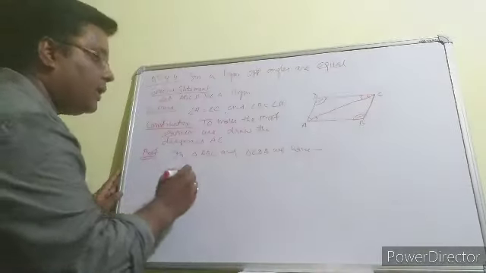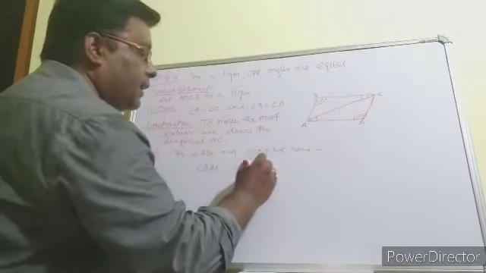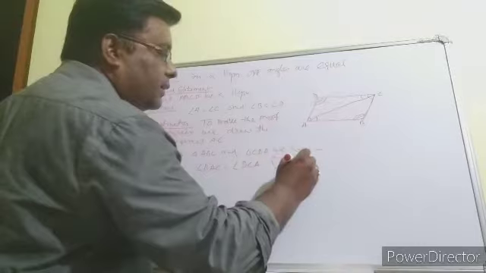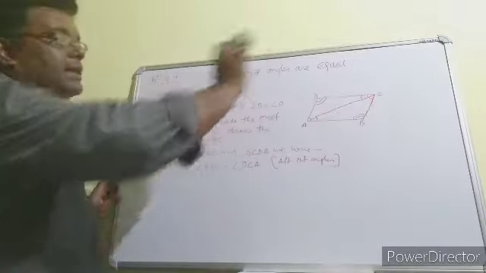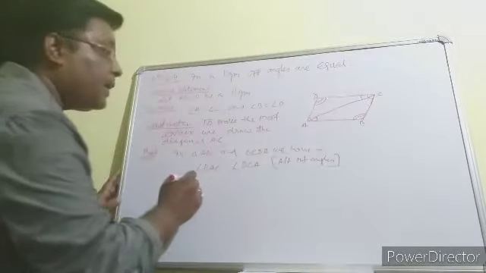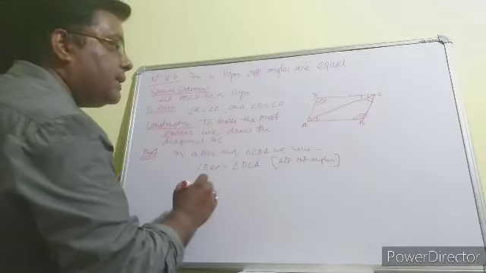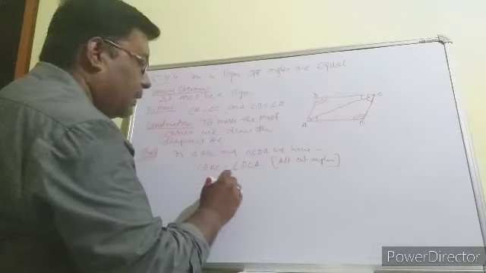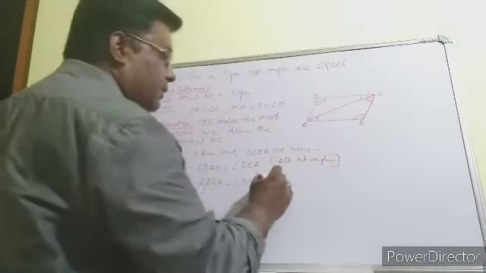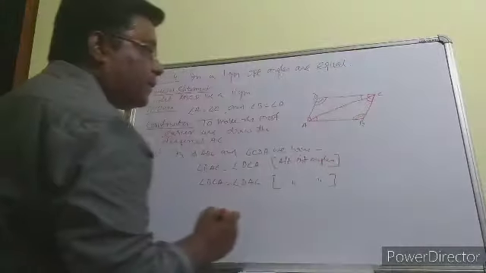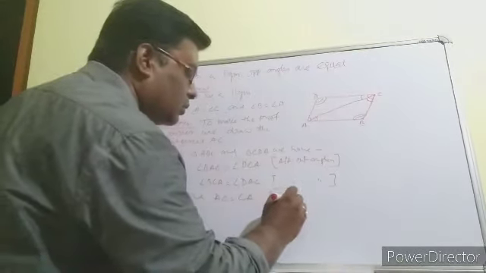Since it is a parallelogram given, angle BAC is equal to angle DCA, alternate interior angles, since AB and CD are parallel and AC is transversal. And this angle BCA is equal to angle DAC, same alternate interior angles, and AC equal to CA, common.